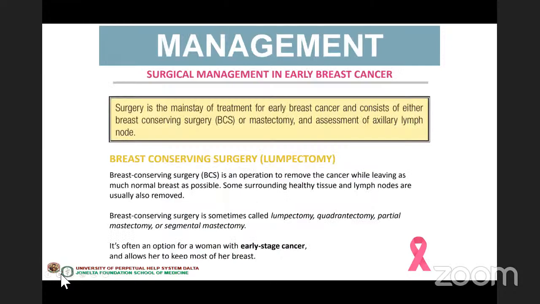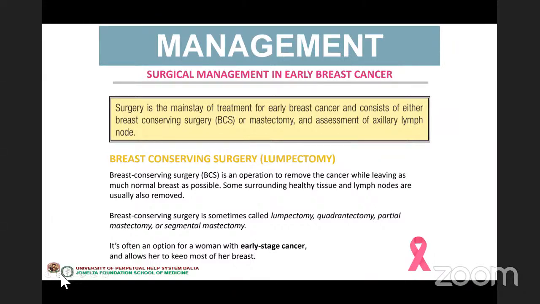And for management, surgery is the mainstay of treatment for early breast CA and consists of either breast conserving surgery or mastectomy and assessing your lymph nodes. So if it's breast conserving, you just remove the cancer and leave as much normal breast tissue as possible.